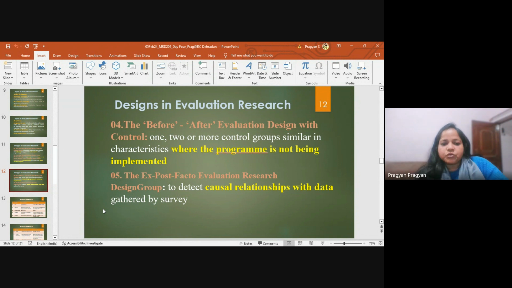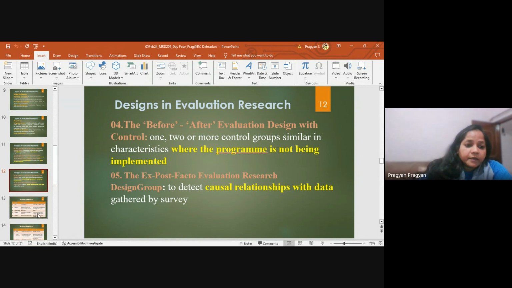We are focusing on more than one indicator, so that we can understand the relationship between the independent variable as well as the intervening variable, but we are doing it specifically after the completion of that particular development program or project.